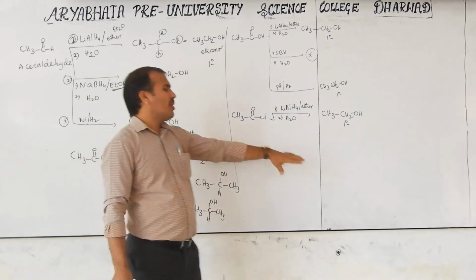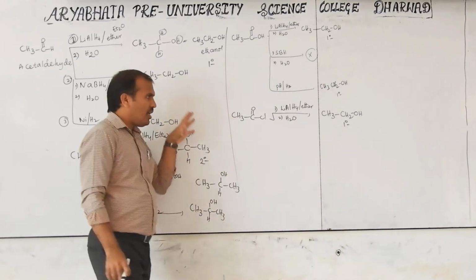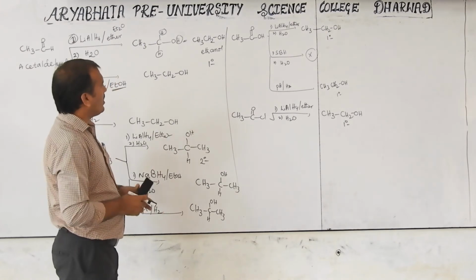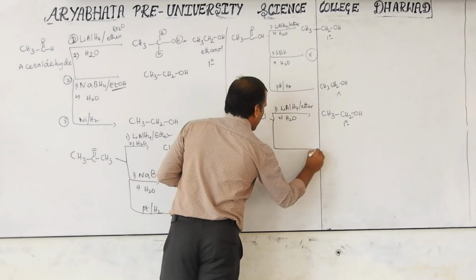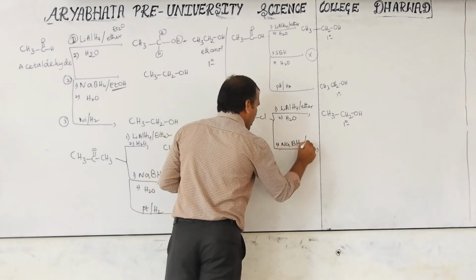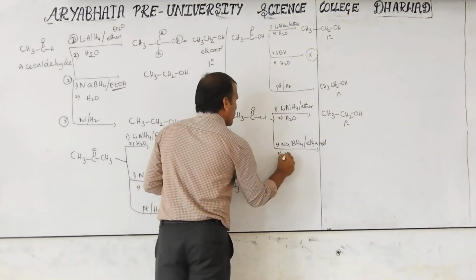You only have to remember the table, which is covered in which part. That's what I am giving here as the product. So it is not difficult for you, it is easy also. Now the second one I am writing here is sodium borohydride in ethanol, and the second step is water.